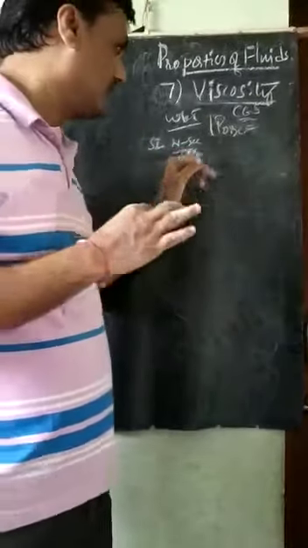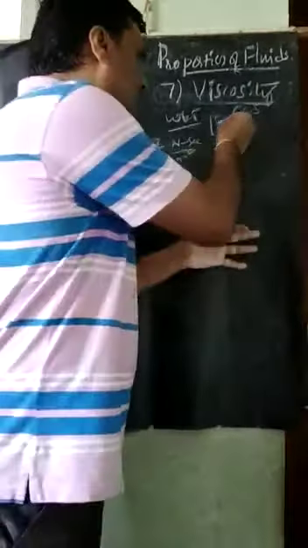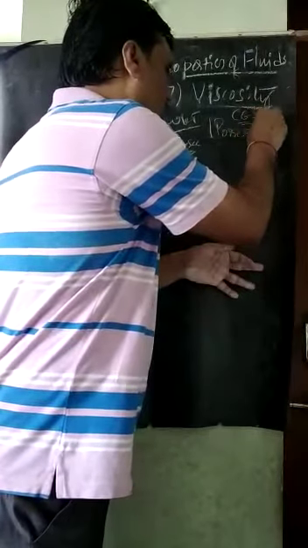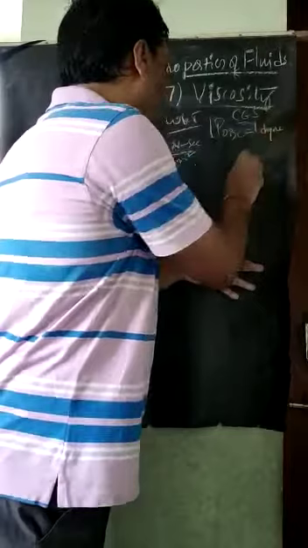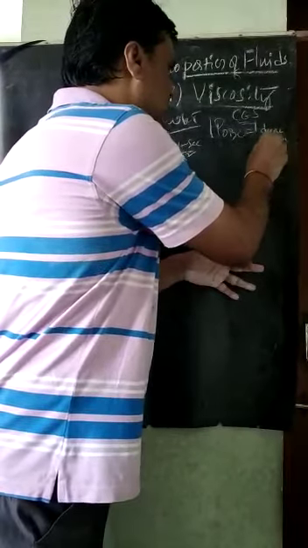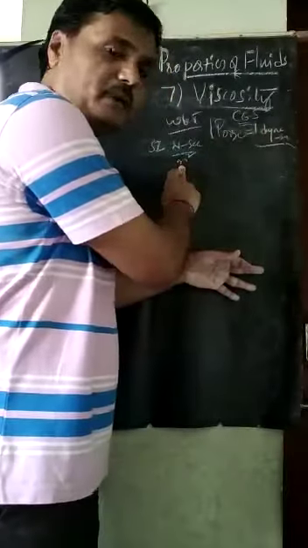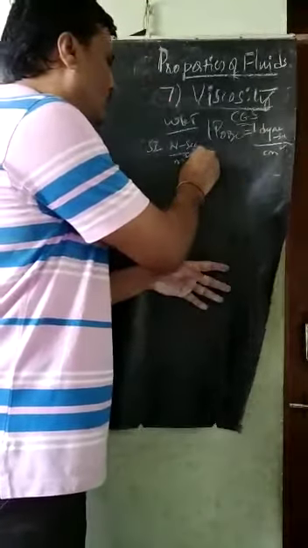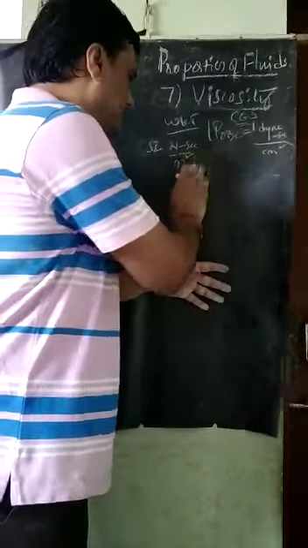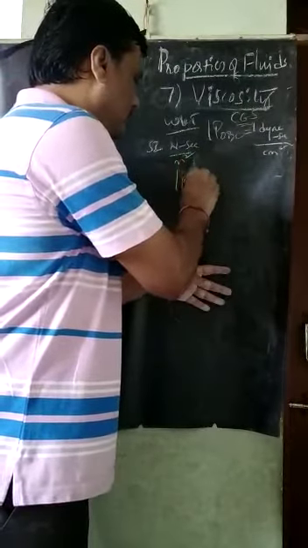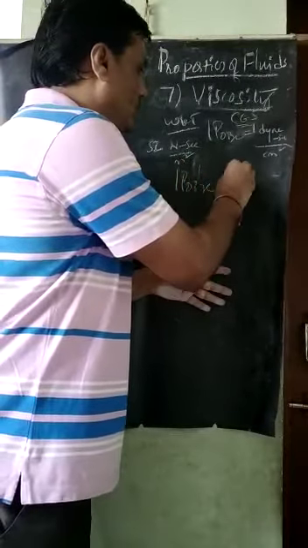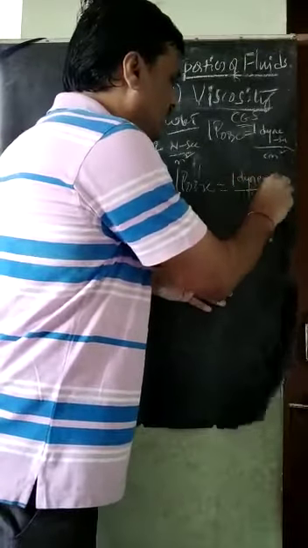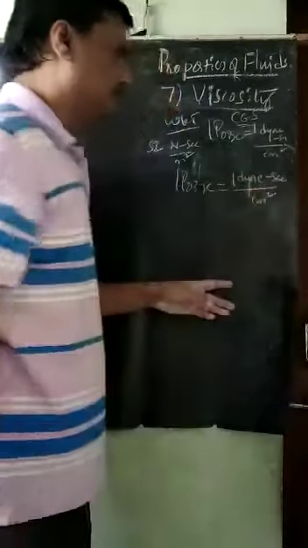It is in dyne. So in CGS, the Newton will be measured in dyne: 1 dyne, second will be the same in CGS also, divided by, in place of meter square, centimeter square. So 1 Poise is equal to 1 dyne into second divided by centimeter square.